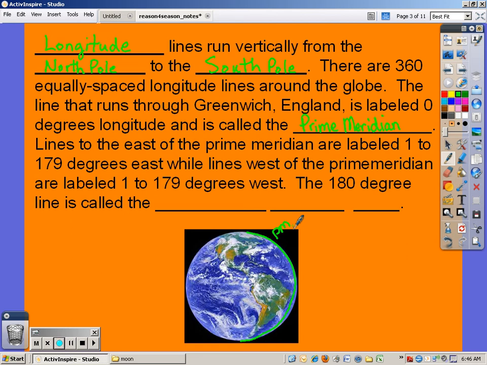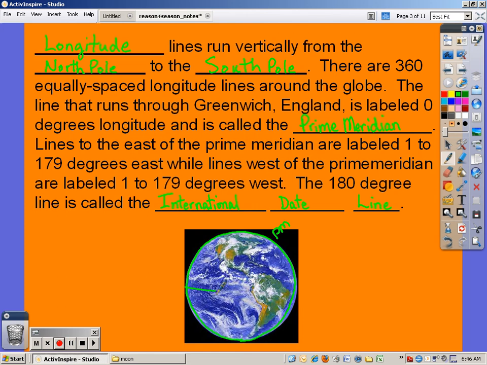The 180 degree line is called the international dateline. And that would be exactly opposite the prime meridian.